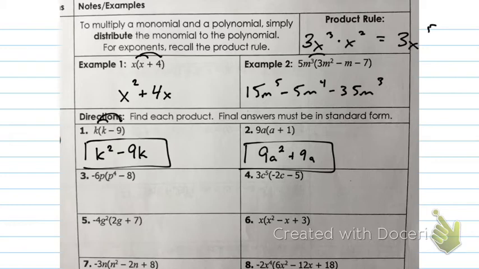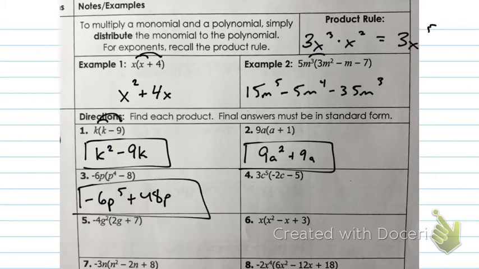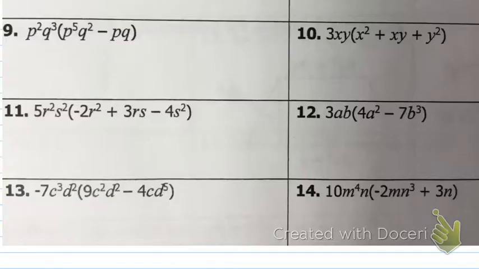Number 3, negative 6p to the 5th plus 48p. Remember, p is p to the first power. Number 4, negative 6c to the 6th minus 15c to the 5th. Looking around. Cool.